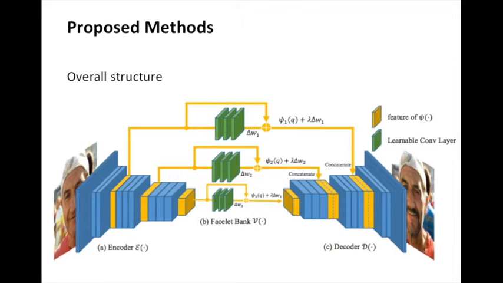Okay, so this is the overall structure that we use. The network architecture is illustrated by this figure, which is composed of an encoder E that transforms all the images.